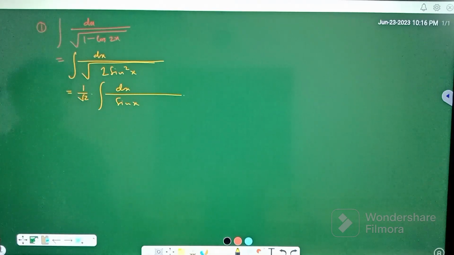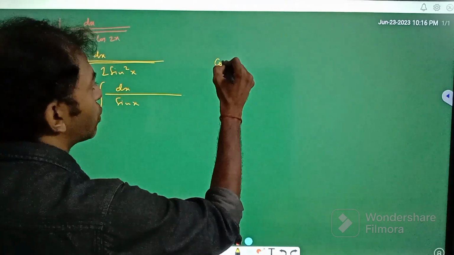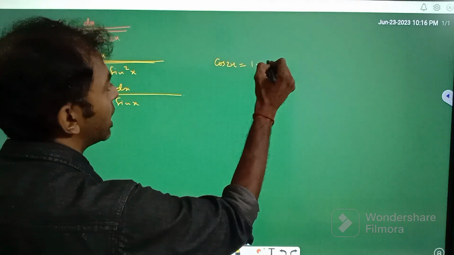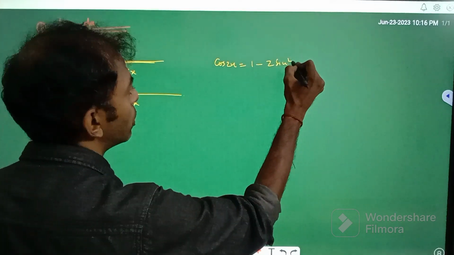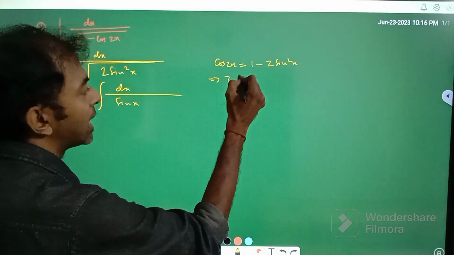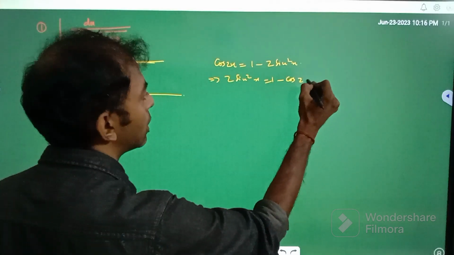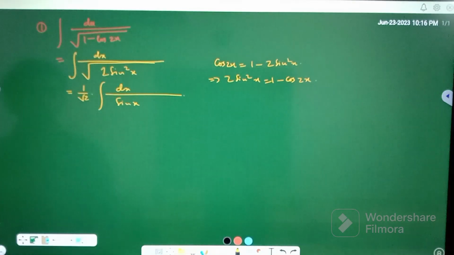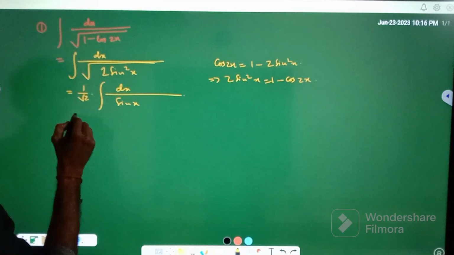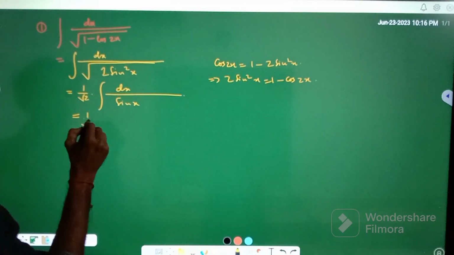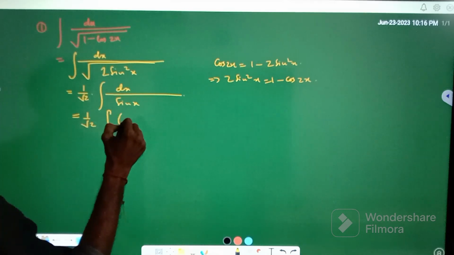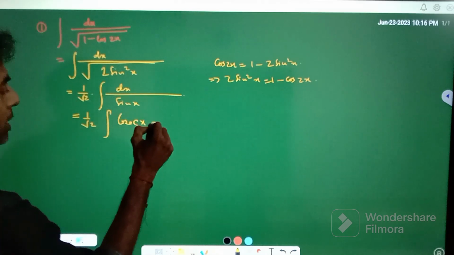Very easy. Because we all know that cos 2x equals 1 minus 2 sine square x. So 2 sine square x will be 1 minus cos 2x, and that was given here. So that will be 1 by root 2 integration cosec x dx.